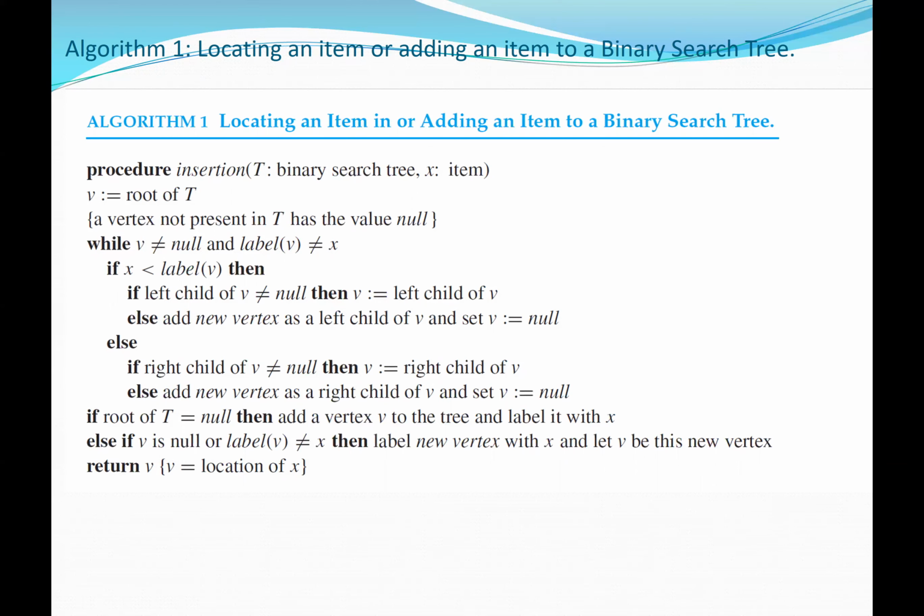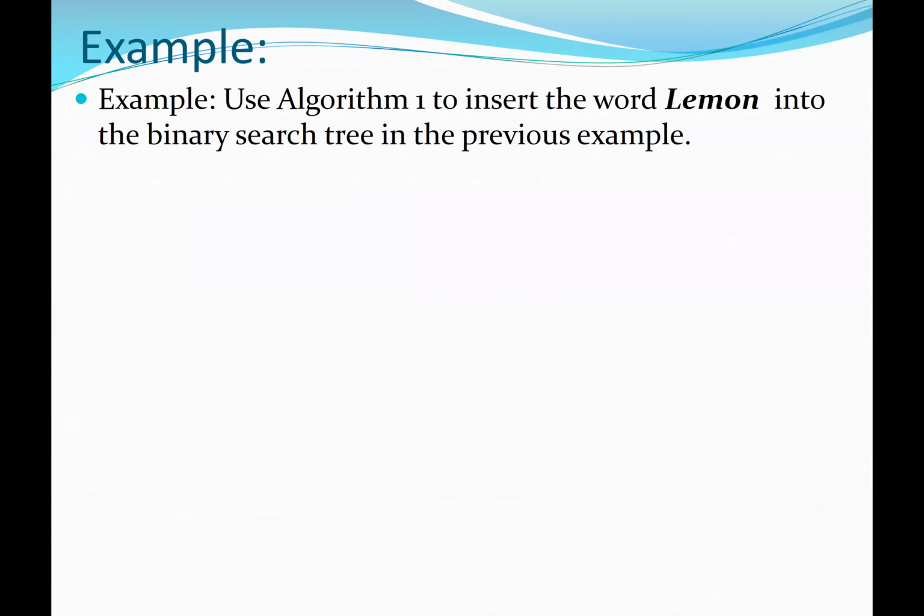All right, so suppose that we want to add the word lemon into the binary search tree in the previous example, okay? So I'm going to bring back that previous example. So we have banana, and then we have peach here, and then we have apple, yes. We have apple here, and then we have pear here. We have coconut here.